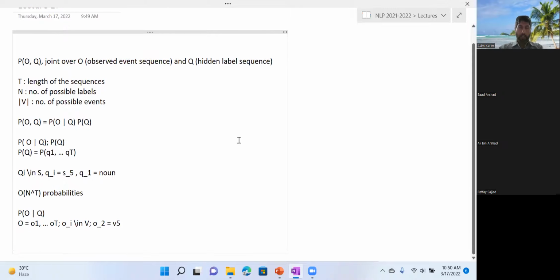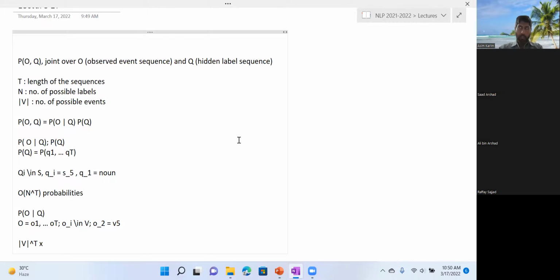So in this case, what is the possible number of probabilities that you will need? We have V raised to the power of T. So this is the possible number of O's that you have. But then, of course, this is for one possible sequence of Q. So how many possible sequences of Q do we have?